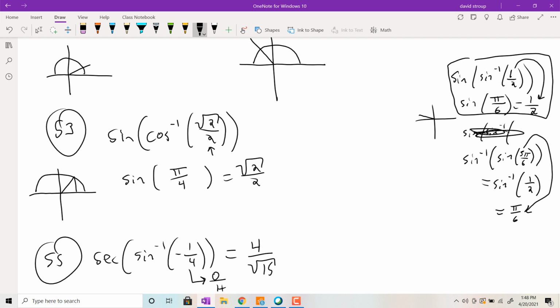So you would have adjacent over hypotenuse, and then you could solve for the third side, what's called b, using Pythagorean theorem. So it's 4 equals square root 2 squared, which is 2, plus b squared, and so b squared will equal 2, and so b will equal root 2. And then the sine of this angle is opposite over hypotenuse, so it would be root 2 all over 2, which is the answer I got anyways.